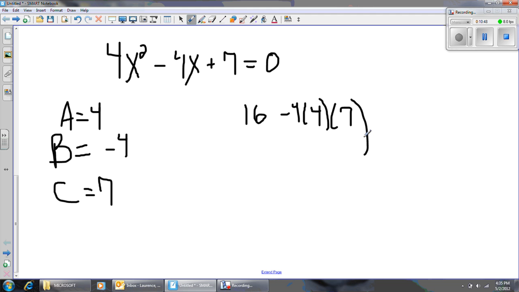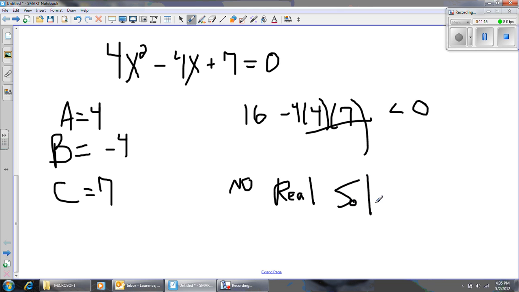When I multiply that by 7, I get a number much larger than 16. And I'm doing 16 minus whatever this product is. So my answer will be less than 0. I know right off the bat that there are no real solutions to this problem. Okay?